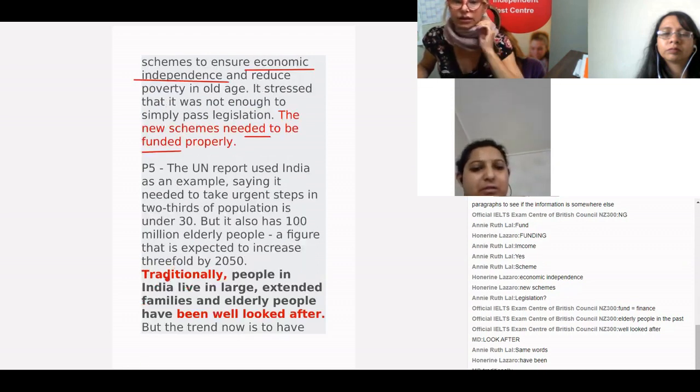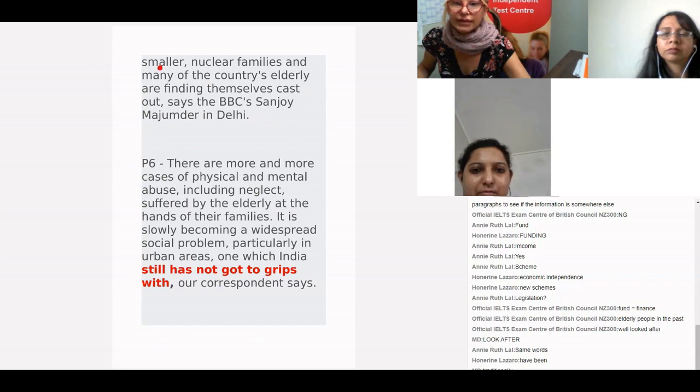So we're going to read here. Traditionally, people in India live in large extended families, and elderly people have been well looked after. So this is in the past. But, so see this but here? But the trend now is to have smaller nuclear families, and many of the country's elderly are finding themselves cast out.